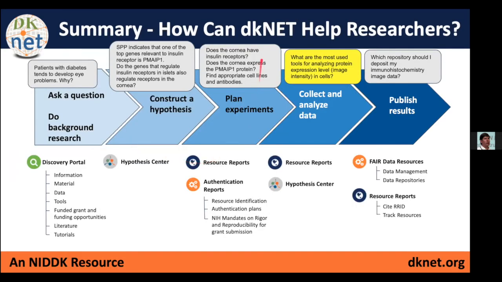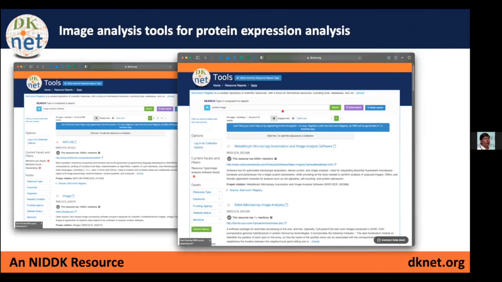Okay, so once you've planned your experiment, the next step is to actually collect and analyze your data. One of the things that we do provide is a registry of software tools. There are many different ways to get into this information.